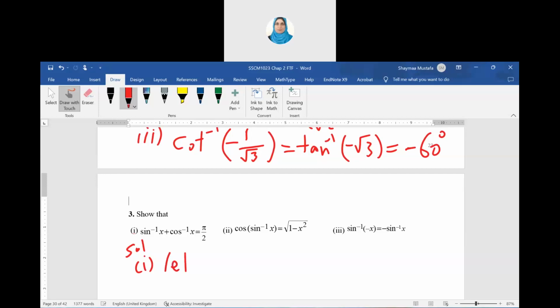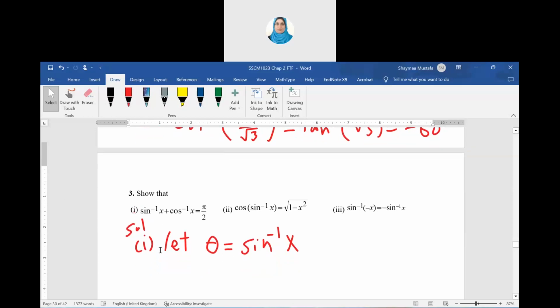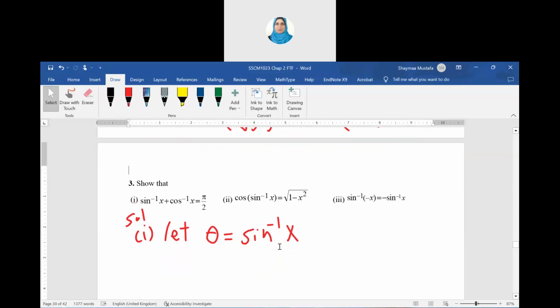To prove this one, I will assume that theta is equal to sine inverse x. What we mean by theta equal to sine inverse x: when I say that theta is equal to sine inverse x, what can you understand from this relation?